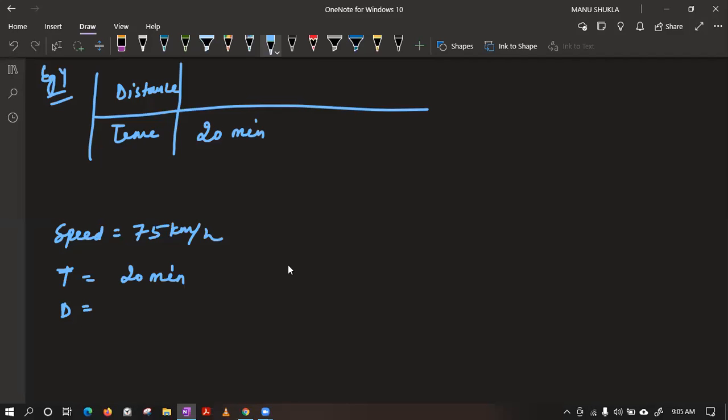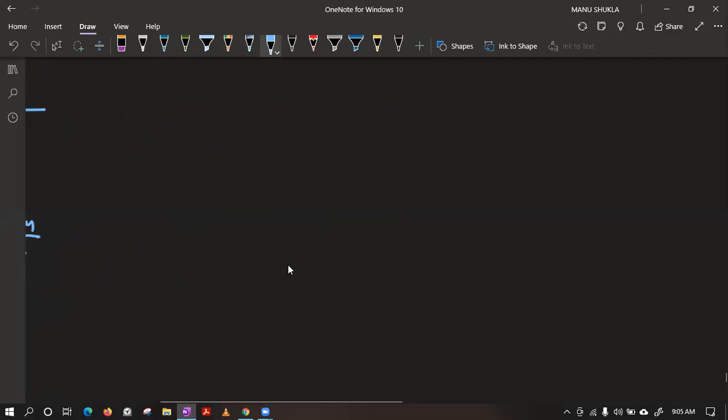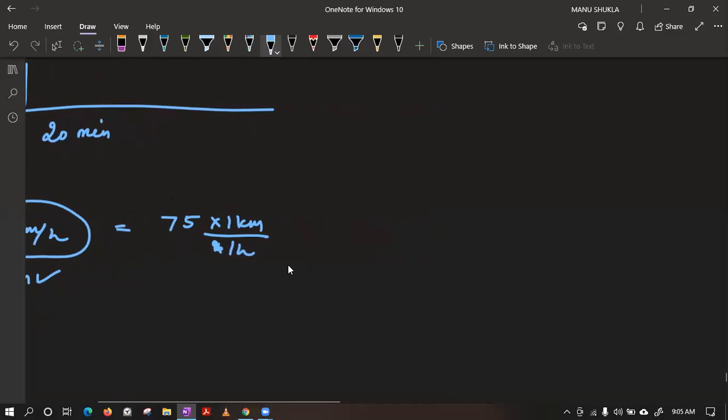Sir, can we say that 75 upon 60? Okay, first, the speed given to you is 75 km per hour and the time given to you is 20 minutes. So you need to convert this speed into minutes. You can say it is the same as 75 into 1 km upon 1 hour. To convert the units into minutes, we know 1 hour equals 60 minutes.